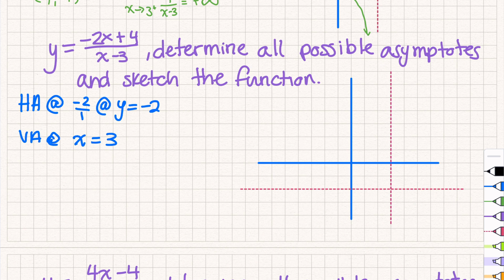So we can check at 2. So if we sub in 2, we get 0. And we can check 4. And we get -4.